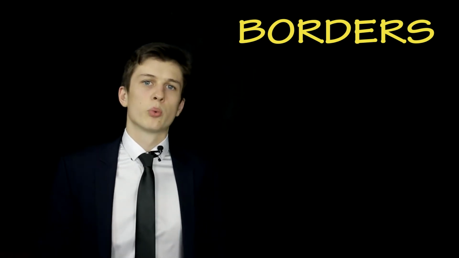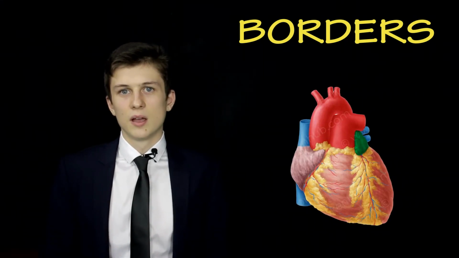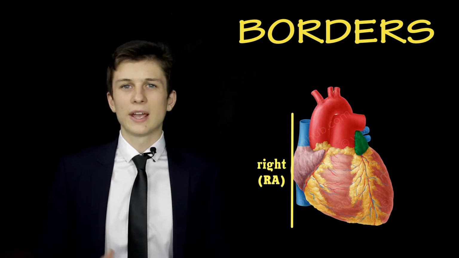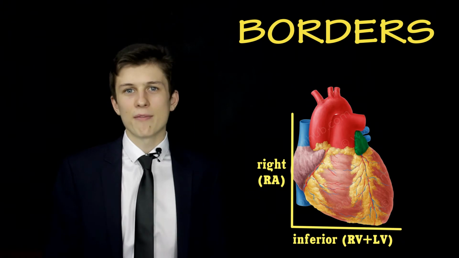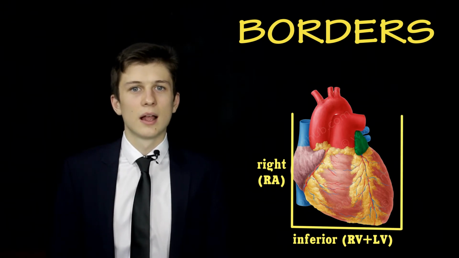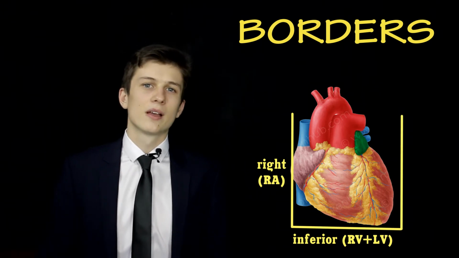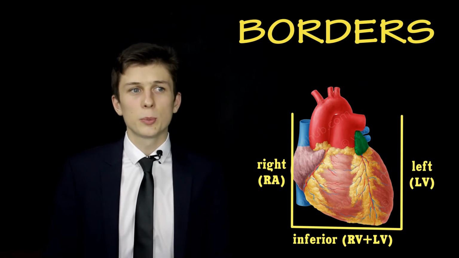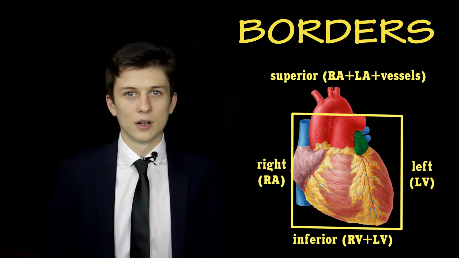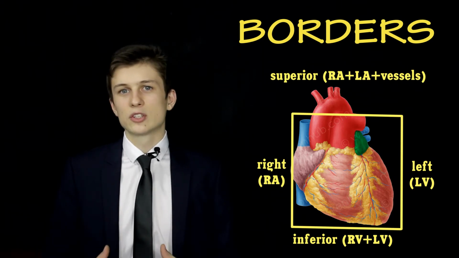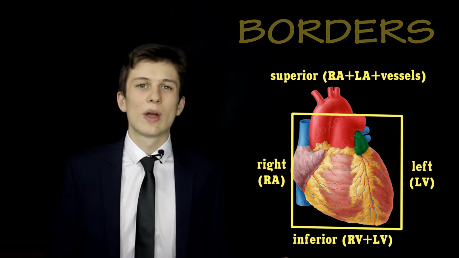There are four main borders of the heart. The right border is formed by the right atrium, the inferior border by the left and the right ventricle, the left border formed by the left ventricle and a little bit by the left atrium, and the superior border formed by the left and right atrium and great vessels.